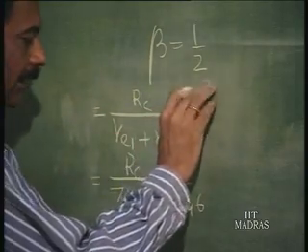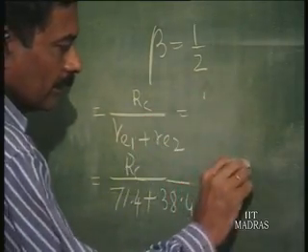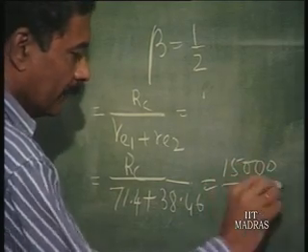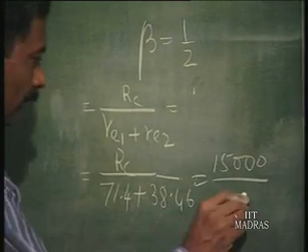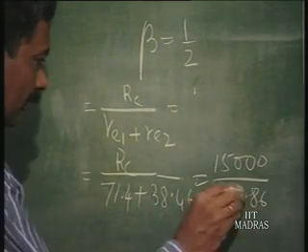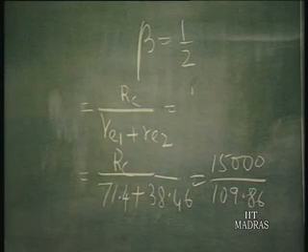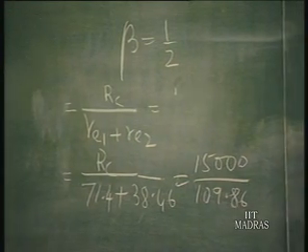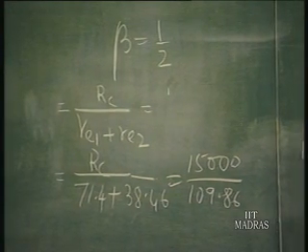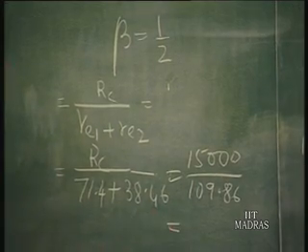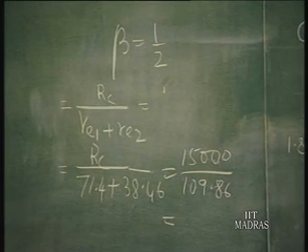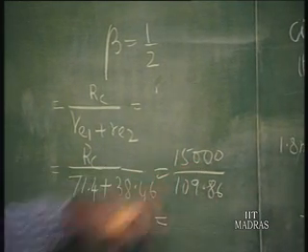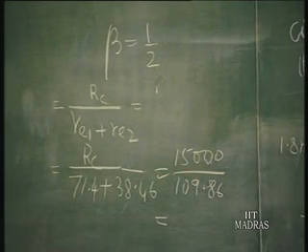So, that is the open loop gain. This is 15 K by this total. What is this total? 15,000 divided by this, that means about 150.